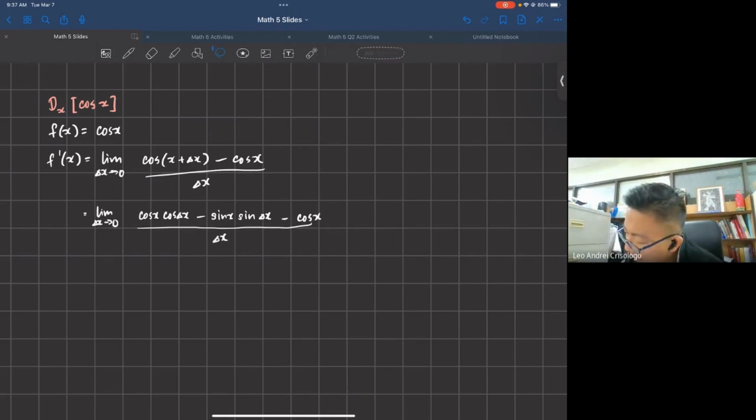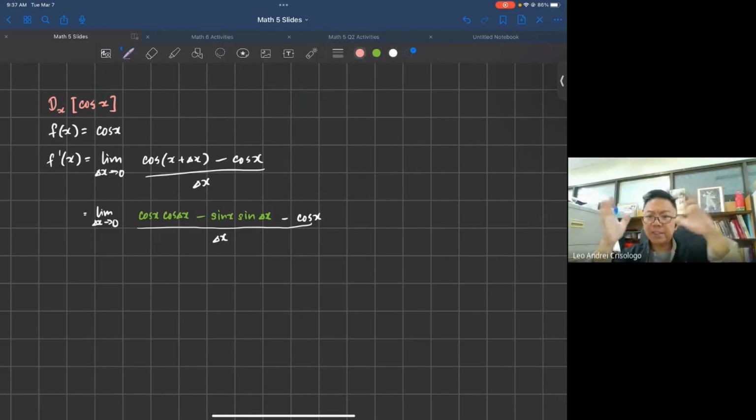Para lang clear, pag shinare ko tong notes, palitan ko yung kulay niya, na siya yung in-expand natin. So again, maghahanap tayo ng pwedeng i-combine at i-factor out. So we're looking at cosine x dito, cosine x dito. I-combine and factor out natin sila.